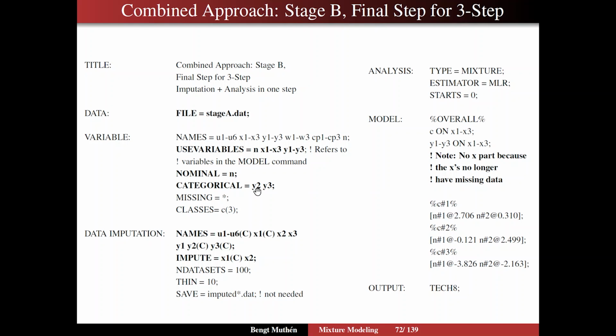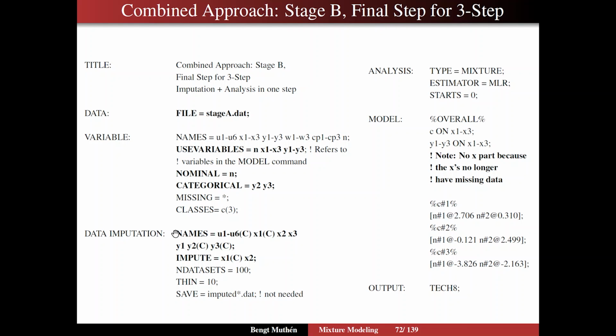And the categorical variables are y2 and y3. We don't refer to the binary x1 because it is not a dependent variable in the model later on here. So the use variable list here refers to the variables in the model command, as usual.